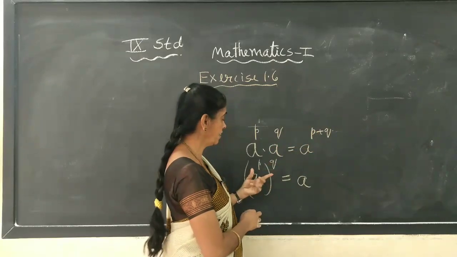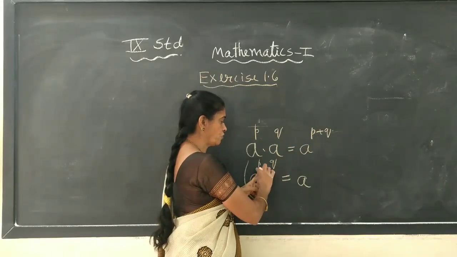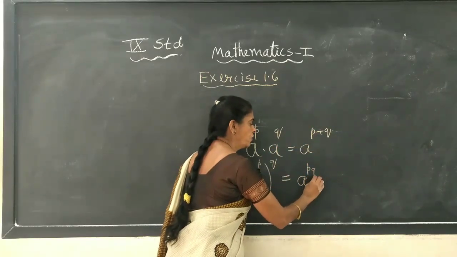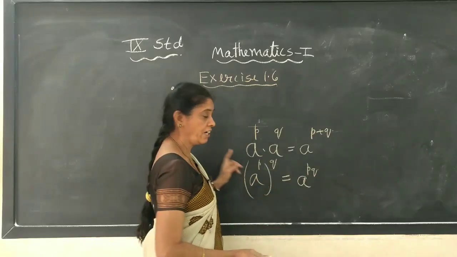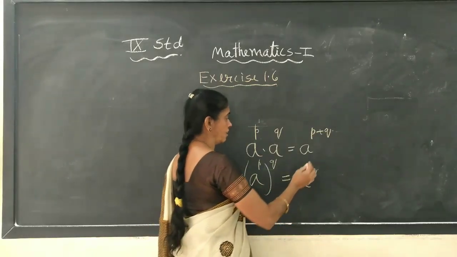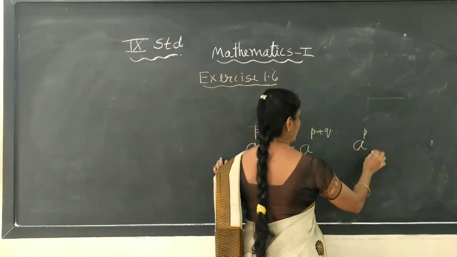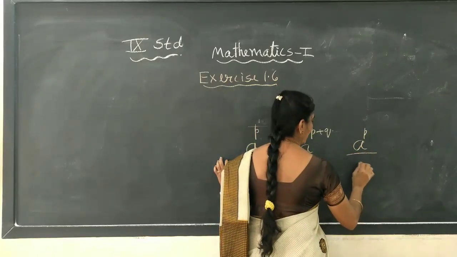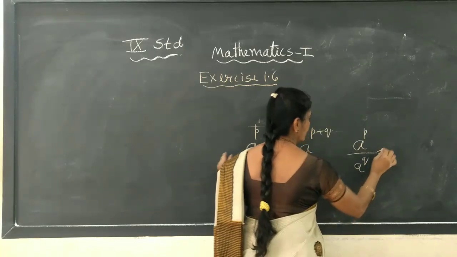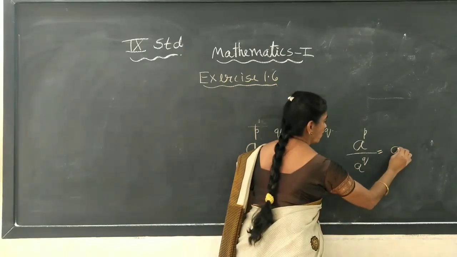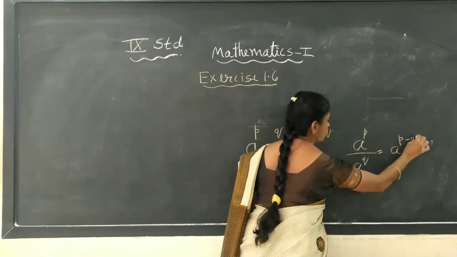But here, in a power of a power, we have to multiply, p into q. And we also applied a to the power of p divided by a to the power of q. In this case it is a to the power of p minus q.